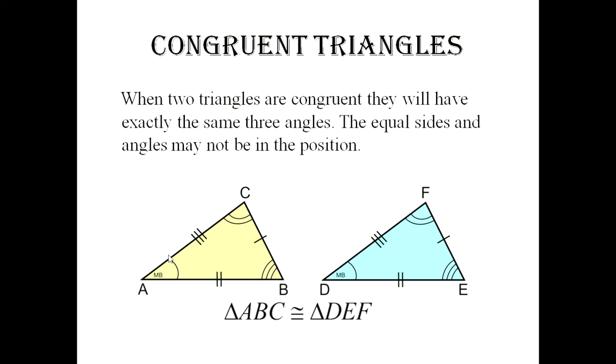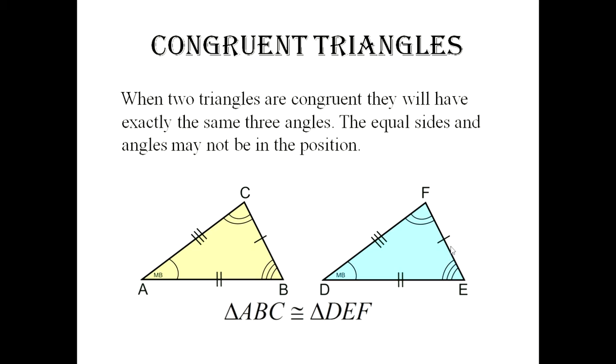Also we can see angle A is equal to angle D. They are both marked with a single stroke. Also angle C is marked with a double stroke and angle F is marked with a double stroke, which also means that the two angles are equal. And angle B is marked with a triple stroke and angle E is marked with a triple stroke.